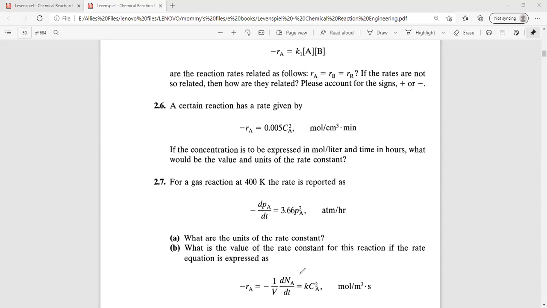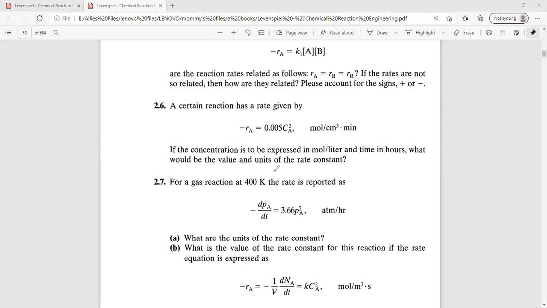Now, I'll simplify things, Sarah. Okay. This is your rate law. And this rate law is provided with a set of units telling you what should be the set of units for the concentration and for the time. So concentration must be in terms of mole per cubic centimeter and time should be in terms of minutes.